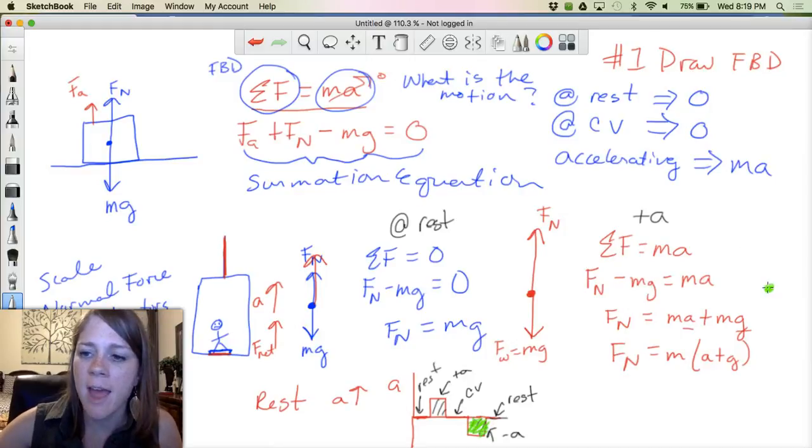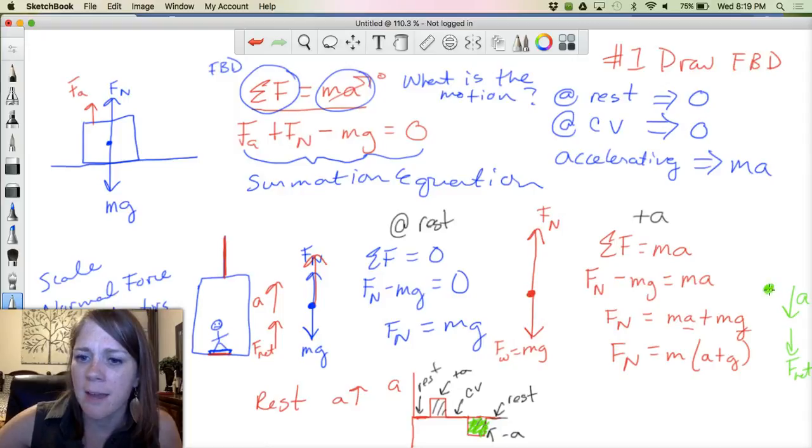And in that case, if it's slowing down, then in the positive direction, the direction of the acceleration is going to be down. So if the direction of the acceleration is down, then the direction of the net force must be down as well.